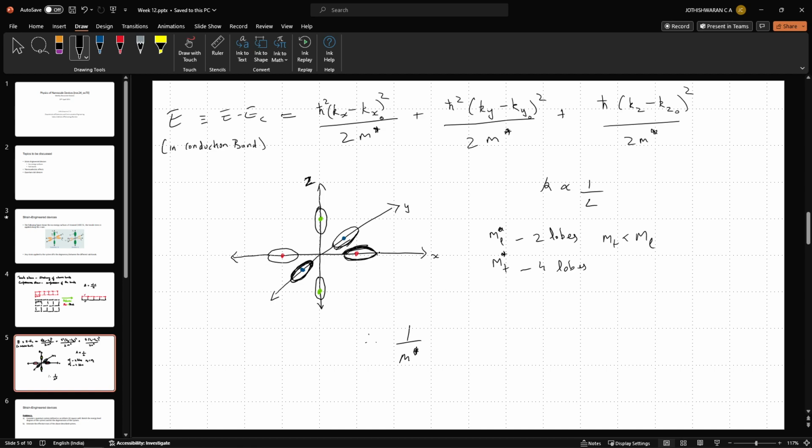Along these axes, kx, ky, kz are the momentum values, and the largest momentum component is along the axis on which the lobes lie. So here the force applied to cause conduction is transverse to the motion of the electrons, whereas here it is longitudinal to the motion of the electrons.